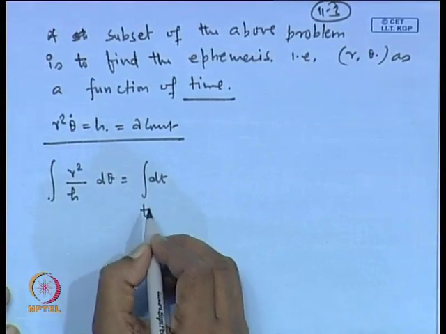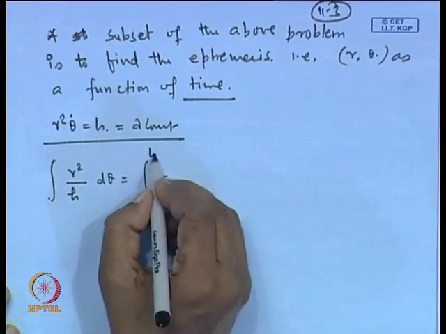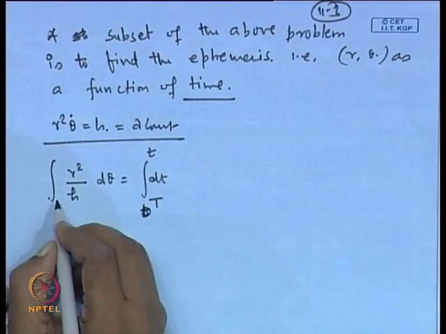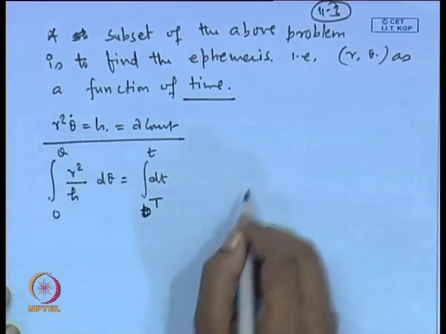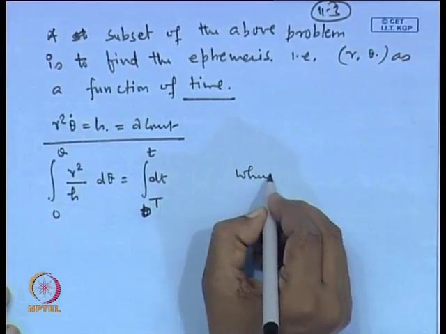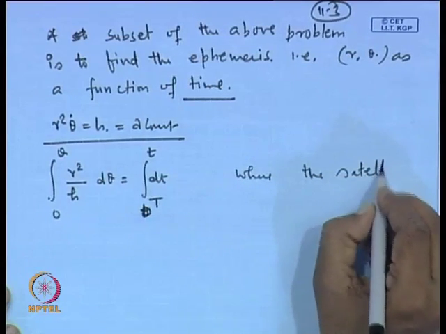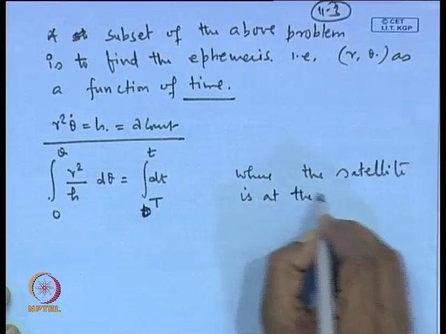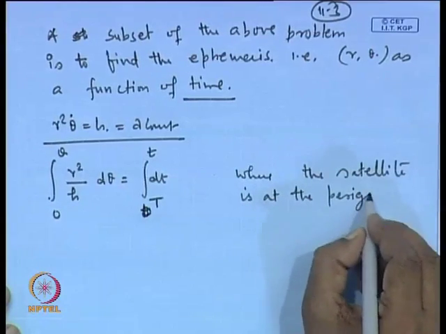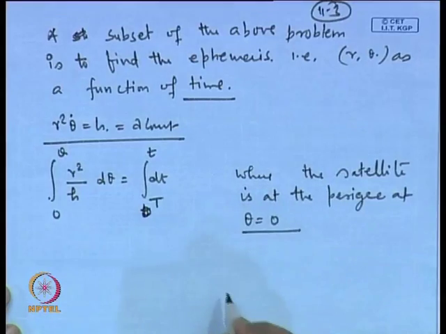We can integrate it between, say, the starting time capital T to t, and theta from 0 to theta, where the satellite is at the perigee at theta equal to 0.